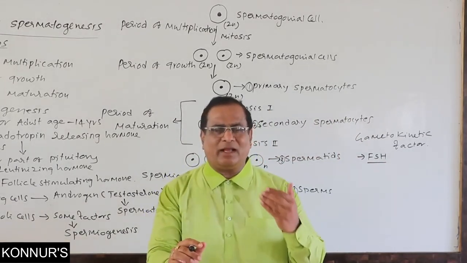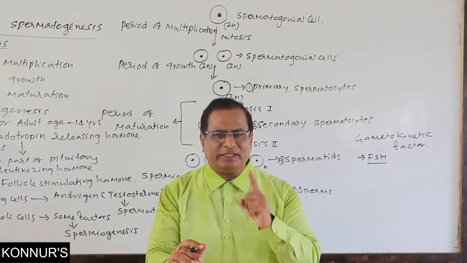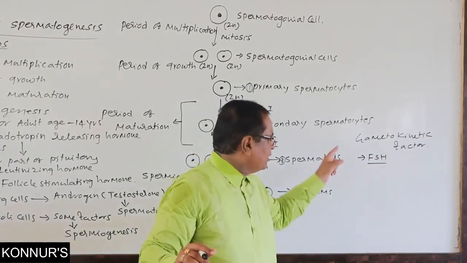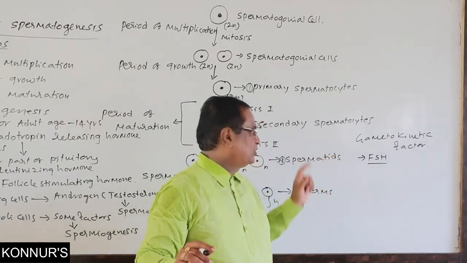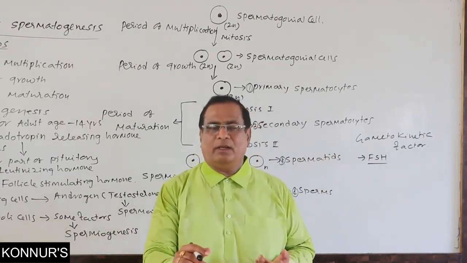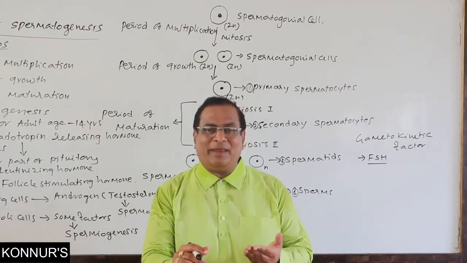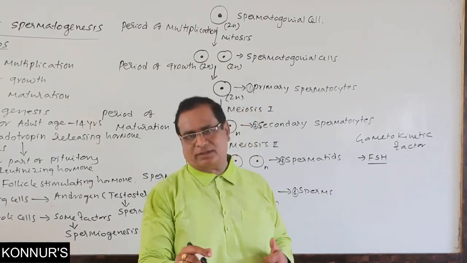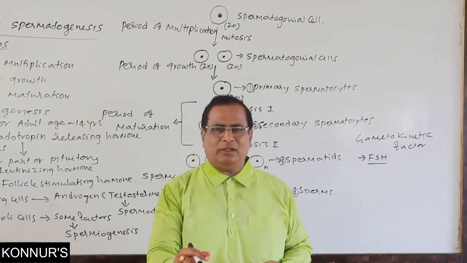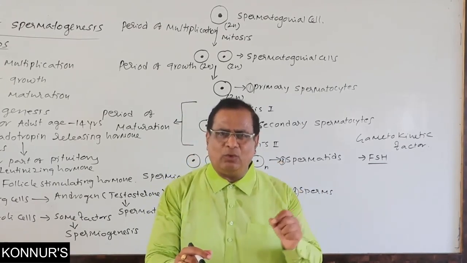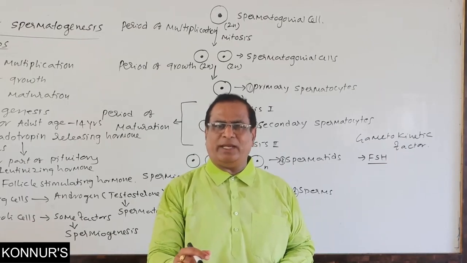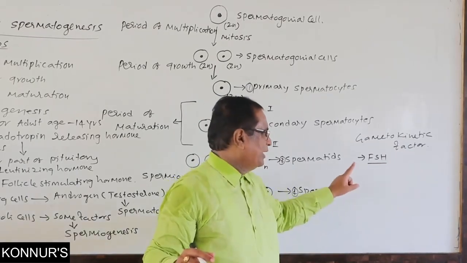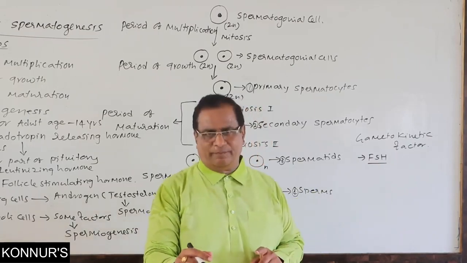In females, egg or ovum is formed. That is due to FSH. In case of males, by this FSH, gametes are formed. Hence, the other name for FSH is gametokinetic factor. They can ask the question, which of the following hormone is said to be gametokinetic factor? That is follicle stimulating hormone.